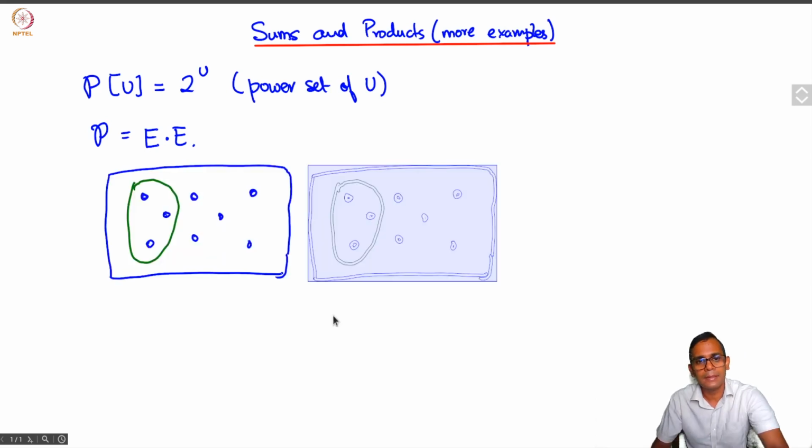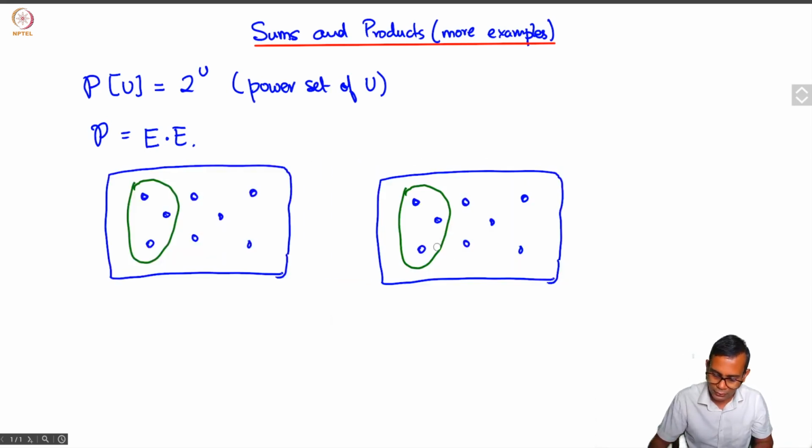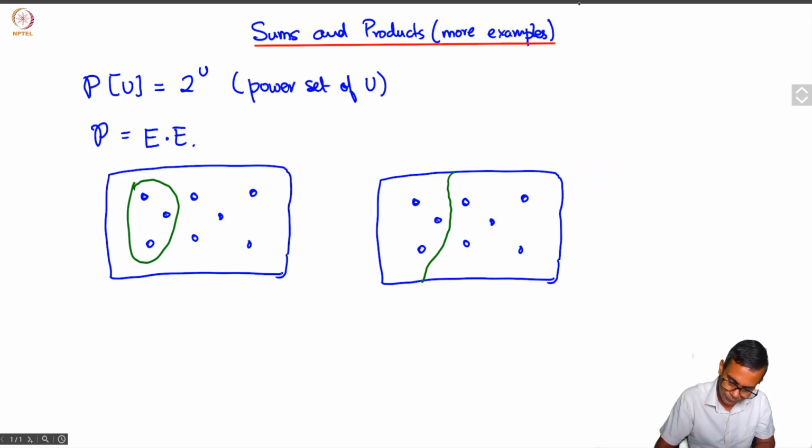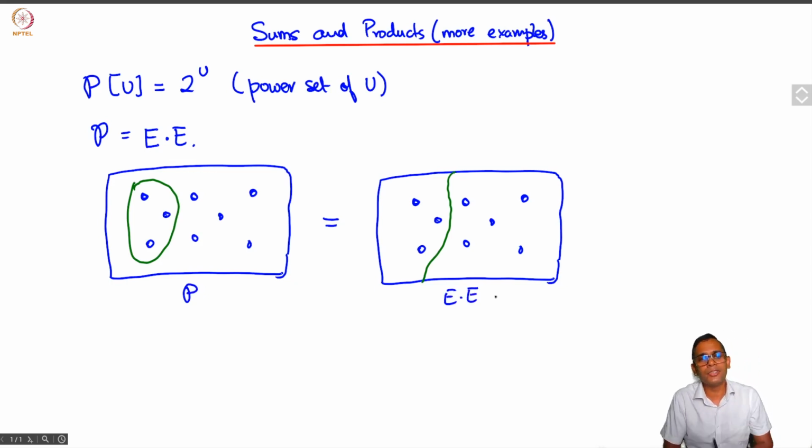Well, remember that in order to give an E dot E structure on a set U, I need to take the set and divide it into two parts and put an E structure on each part. And so you just take the first of those two parts and call that the subset. And so this is P here and this is E dot E, and they are evidently the same. I leave it to you to write down a formal proof of this identity of species here.